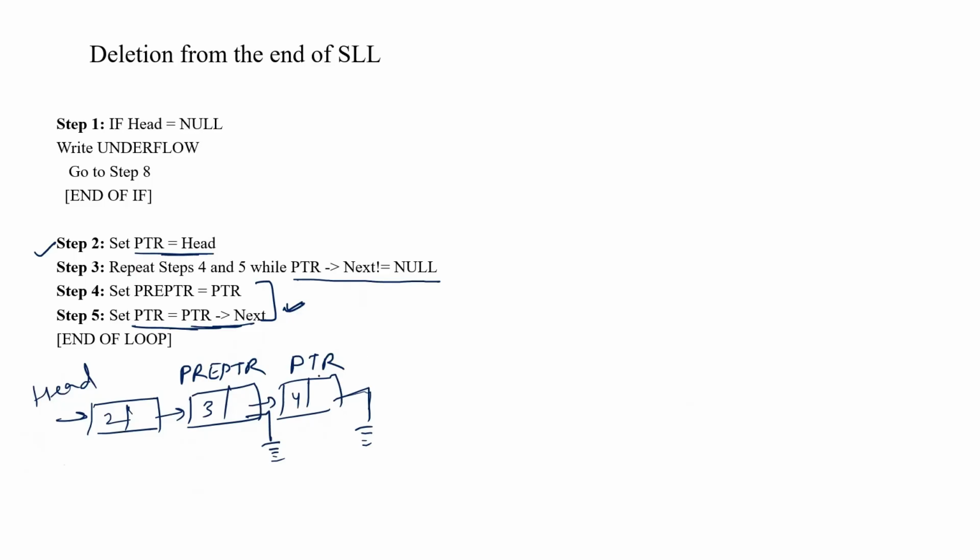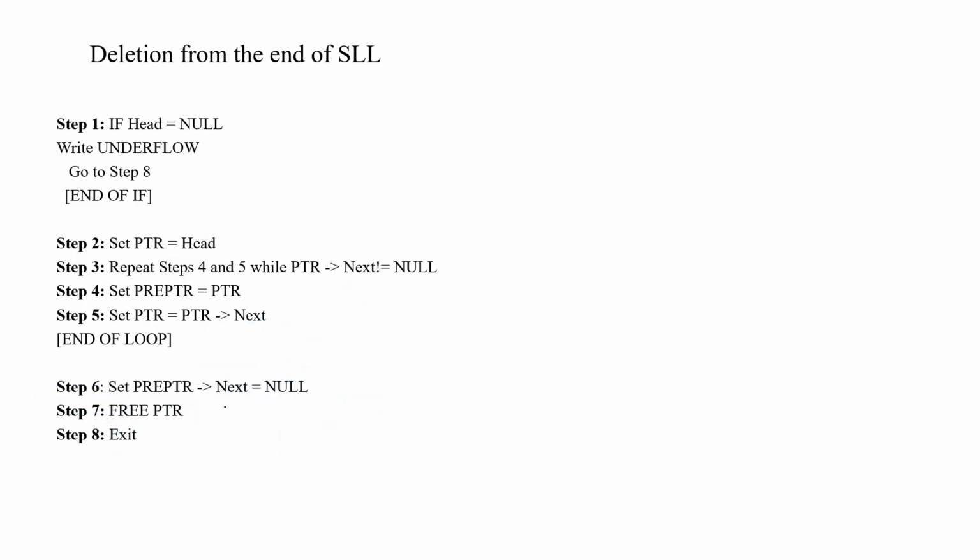Now we can easily free the PTR, and we will assign this 3 to next is equal to null. What we have to do is pre-PTR to next is equal to null and free the PTR. You can see steps number 6 and 7 here. Pre-PTR to next is equal to null and free PTR. Then finally exit.